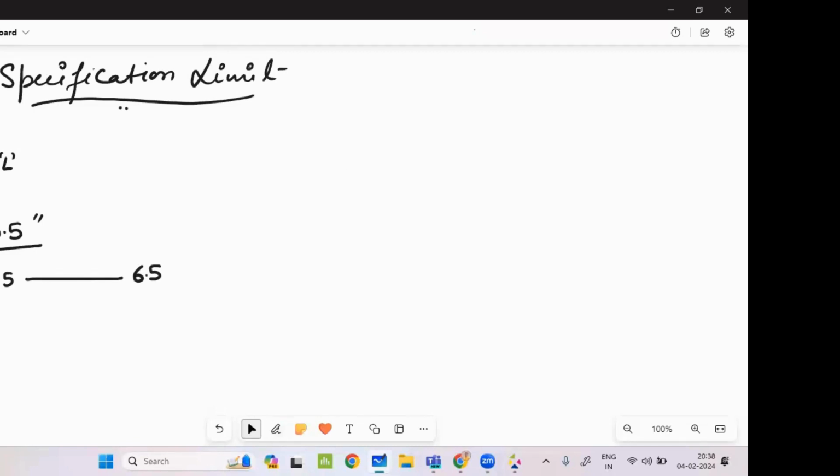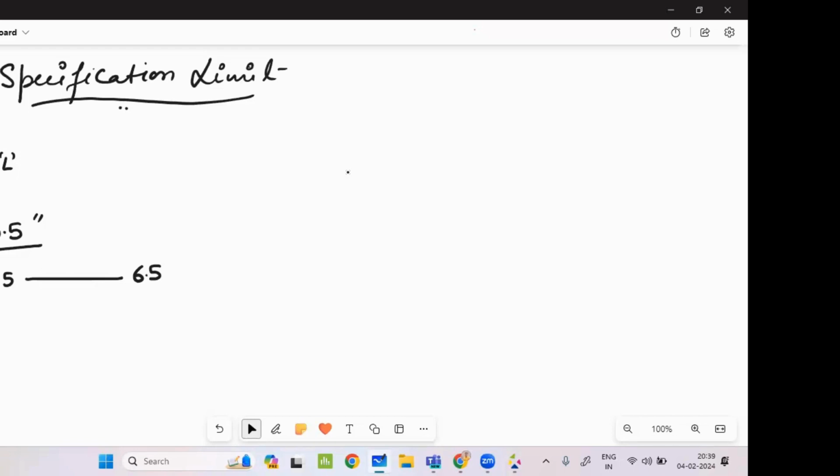This is called specification limit: the limit provided by the customer which a producer or manufacturer should adhere to. It is decided in designs. They may share the designs during the contract, along with the important parameters of the product and the specification limit.